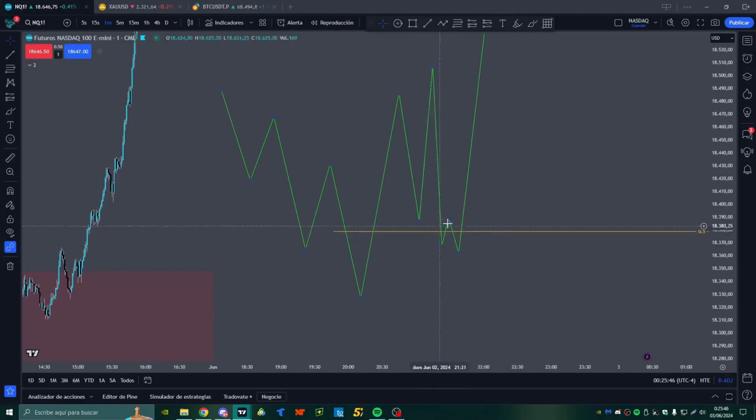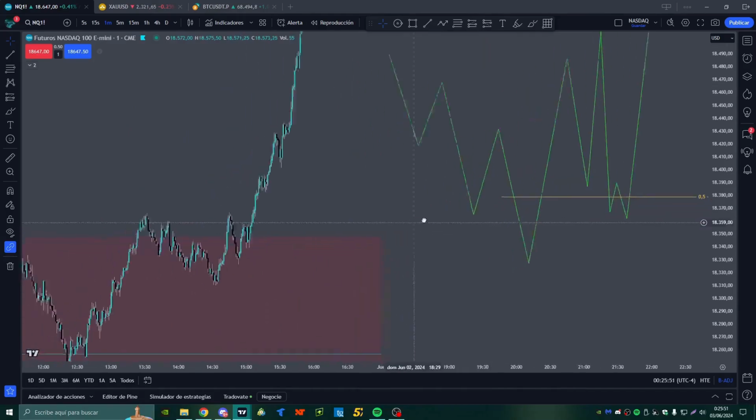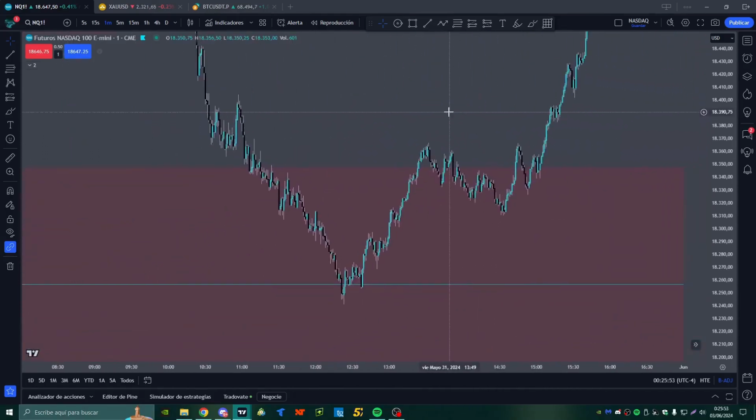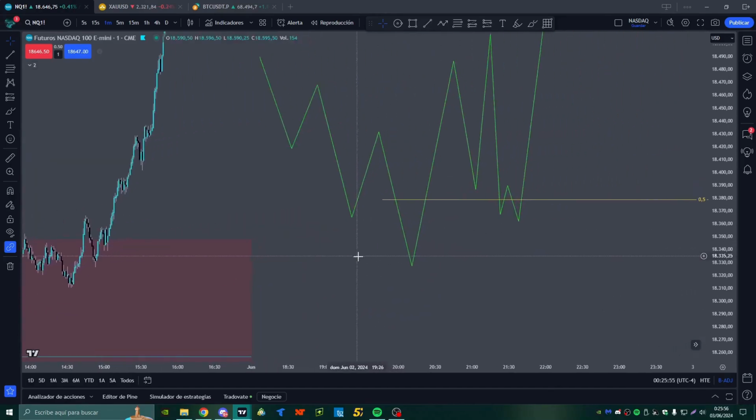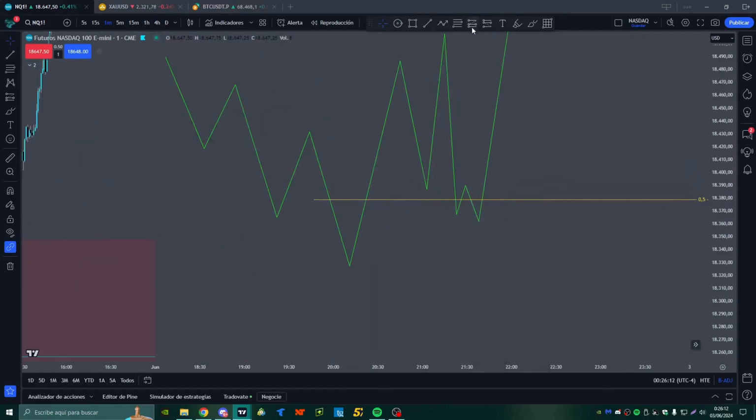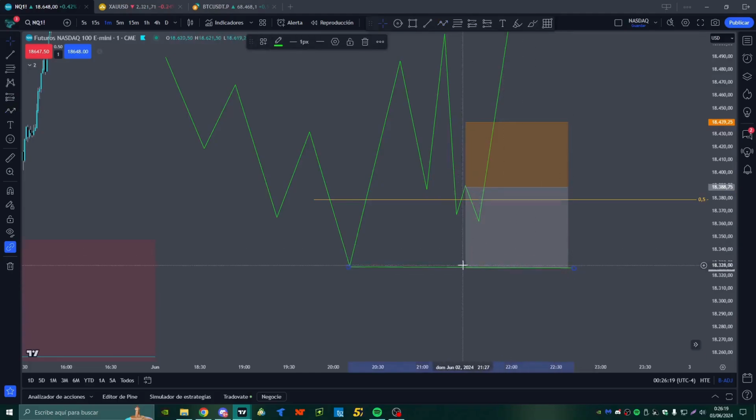So for me, if there are algorithms that move the high frequency market and do it this way within these areas, there are specific levels sensitive to this, and we will help ourselves with some small patterns in our lower time frame over here to make an even more precise entry, so that when we take a trade, we don't have to protect ourselves so low.